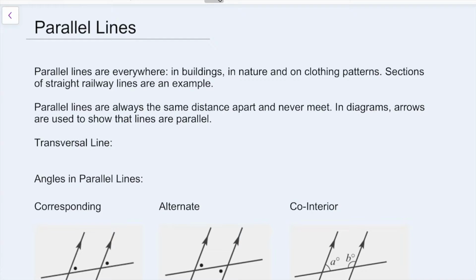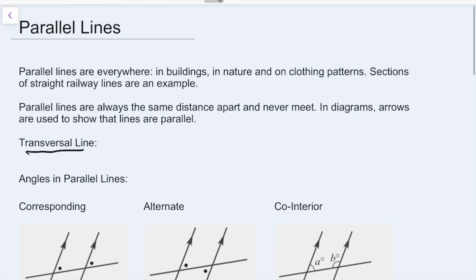Now, some things around parallel lines. The first thing that you need to know about is what's called a transversal line.